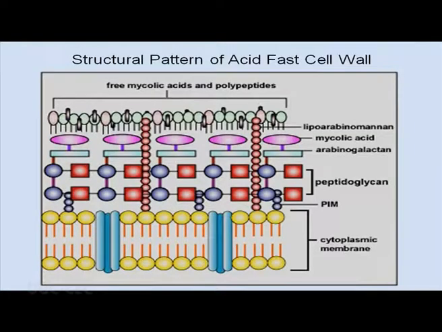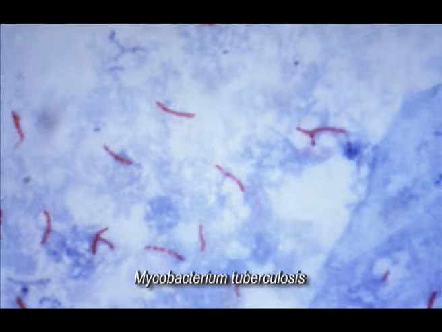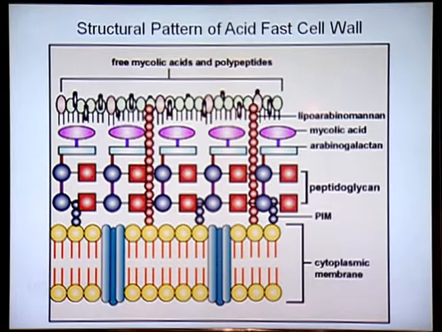We will open our discussion with the structural pattern of acid-fast bacteria, and this bacteria is actually the causal organism for tuberculosis. This organism is called Mycobacterium tuberculosis. This bacteria has a multi-layered wall. You can see in this slide the external layer is formed of free mycolic acid and polypeptide, followed by a layer of mycolic acid only, then the arabinogalactan, and then the peptidoglycan.